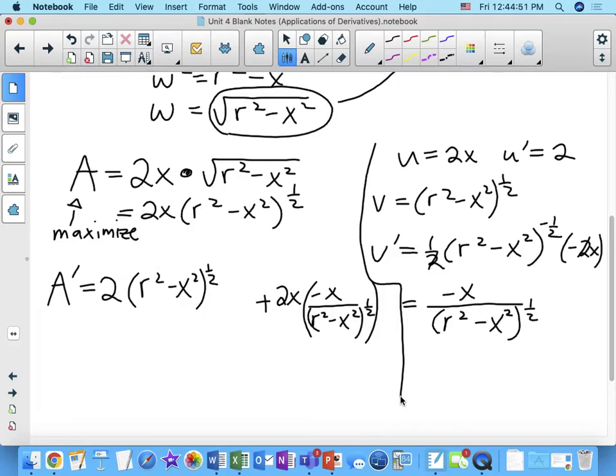So what I'm going to do is get a common denominator between the two terms. Right now, this is over 1. The denominator to this is r squared minus x squared to the 1/2. So I'm going to multiply this first term by r squared minus x squared to the 1/2 over r squared minus x squared to the 1/2. And then I'll have a common denominator.